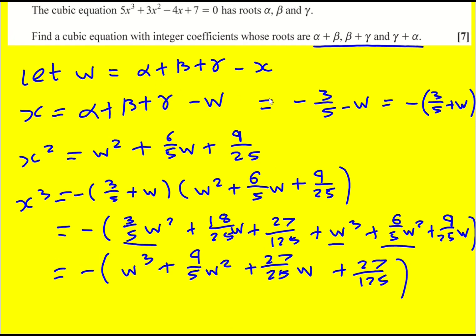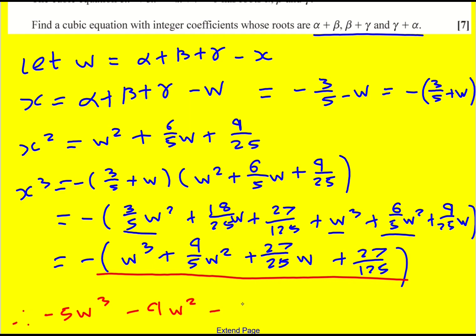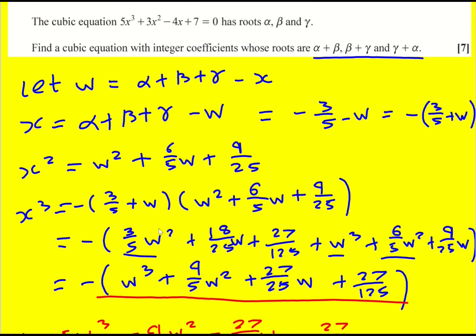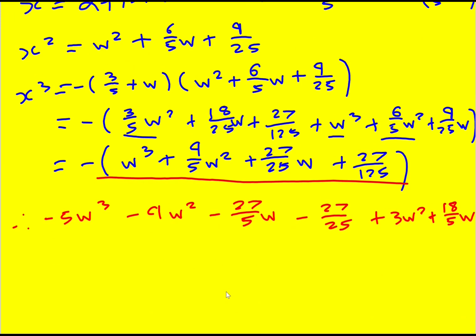Okay, I'm now ready to sub it in to here. So I've got 5x squared. So I'm going to times the minus out and by 5 at the same time. I'll get minus 5w cubed minus 9w squared minus 27 over 5w minus 27 over 25, plus 3x squared gives me plus 3w squared plus 18 over 5w plus 27 over 25.